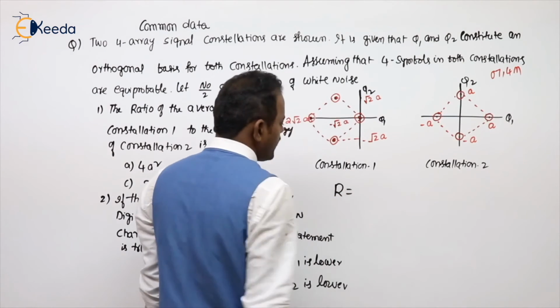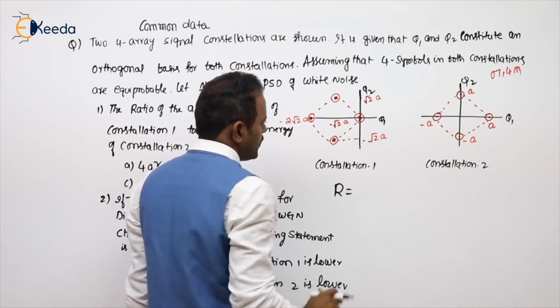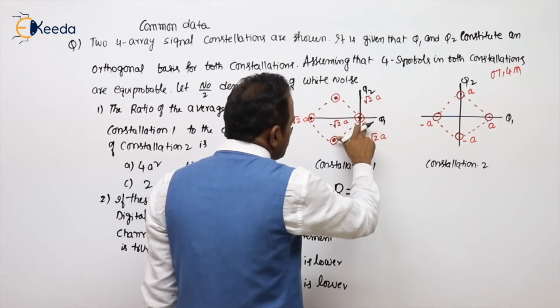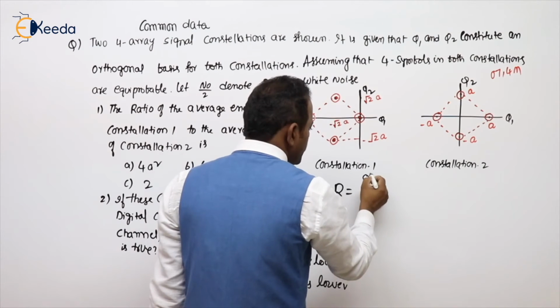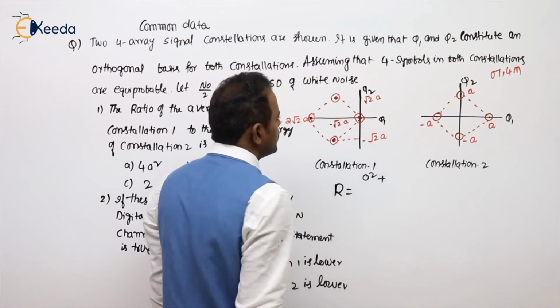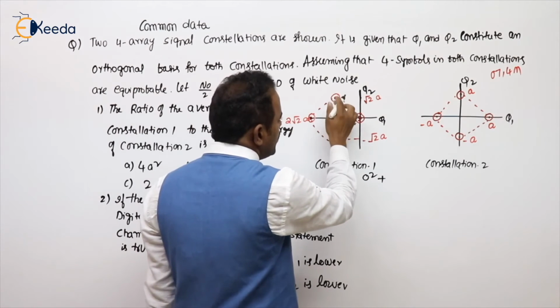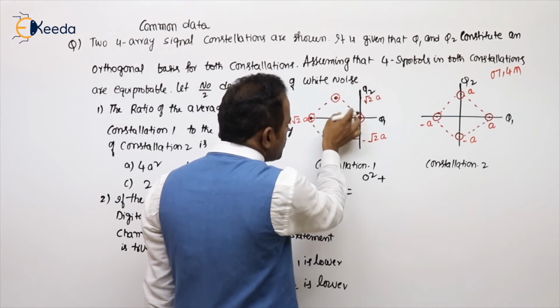So the ratio is nothing but the average energy of this. Let's take each and every point's energy. What is the energy of this point? Its distance is 0 from origin, so its energy will be 0 square plus. I am coming in anti-clockwise direction. What is this distance from the origin? You can apply the Pythagoras theorem or the distance between 2 points.